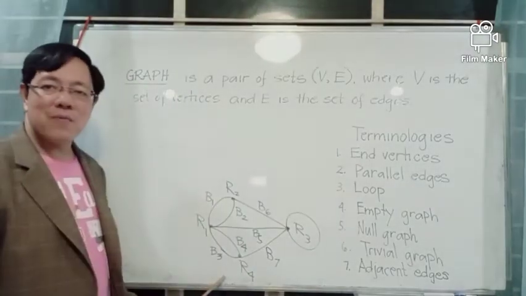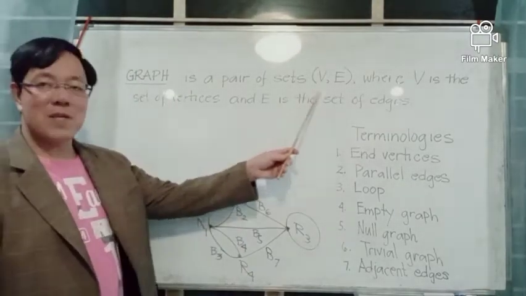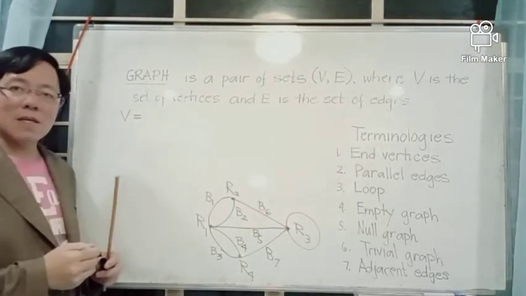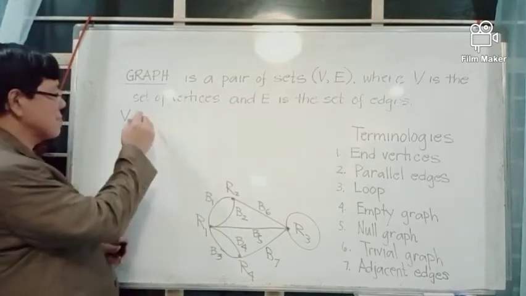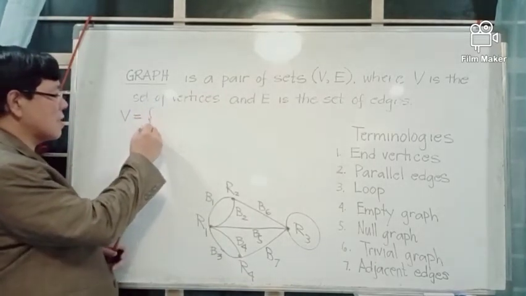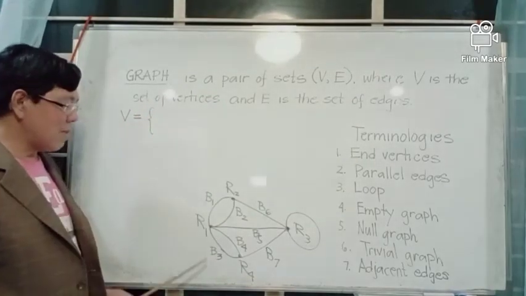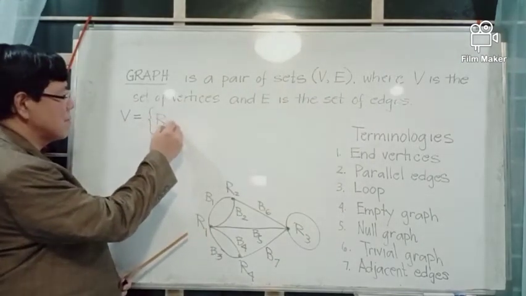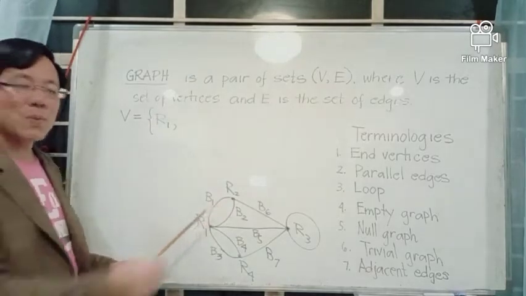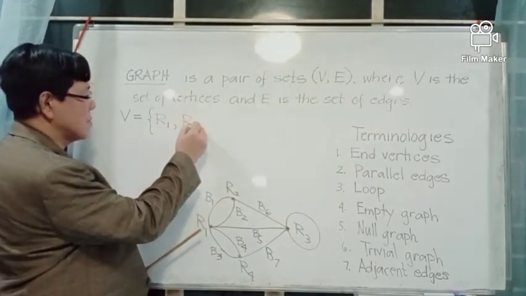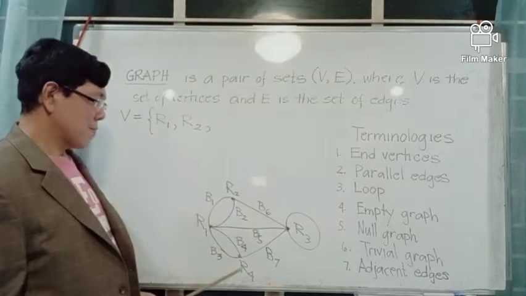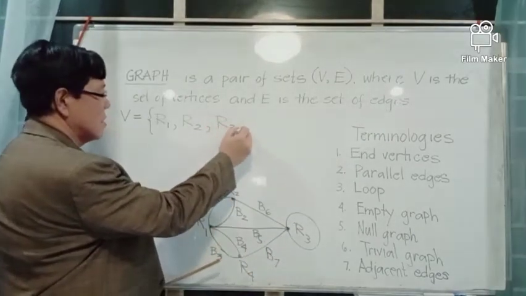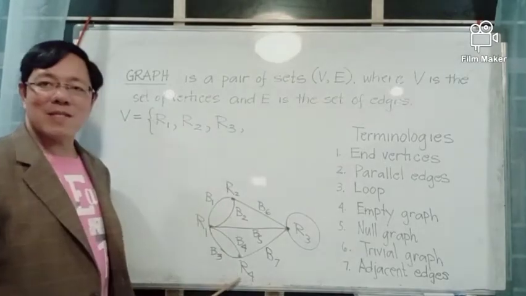For this graph, our set V is the set of vertices. Hence, this set V will consist of elements R1, R2, R3, and the fourth vertex R4.